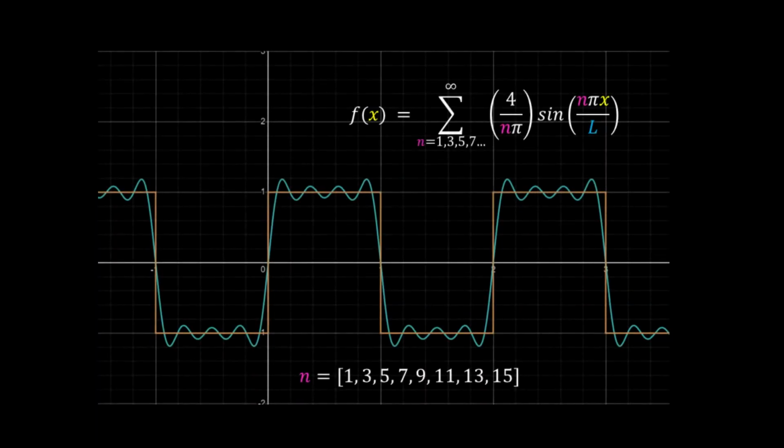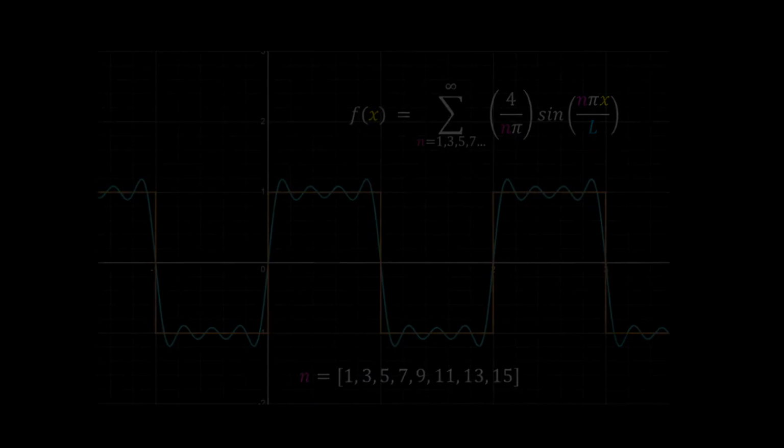A square wave is represented by this function, where L, which is the period of f(x), is 2 pi for this example. Now I will show what happens to the wave when we keep on increasing the value of n like this, that is 1, 3, 5, 7, 9, 11, 13 and 15.